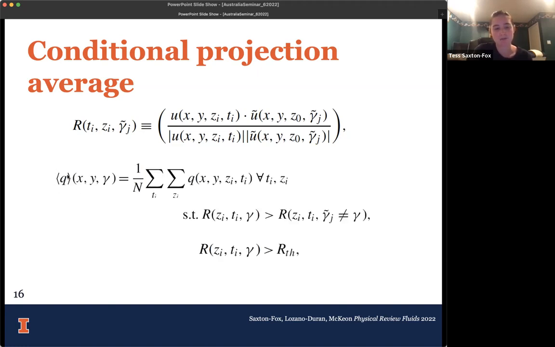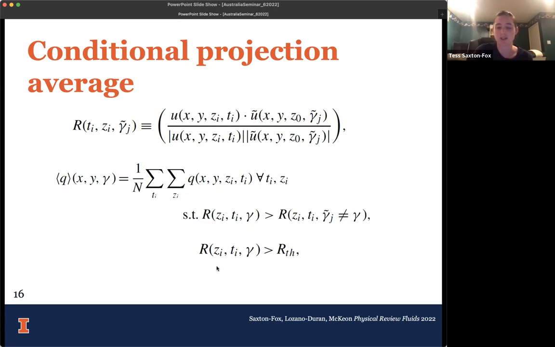And we're going to average a given field variable. So we can do the small scale streamwise velocity field. We can do anything we want for Q. We're always going to use the streamwise velocity for this projection, but we're going to average that. This is just an average, where we include any snapshots that satisfy two conditions. One, that the projection coefficient has to be sufficiently good. That's actually this one.